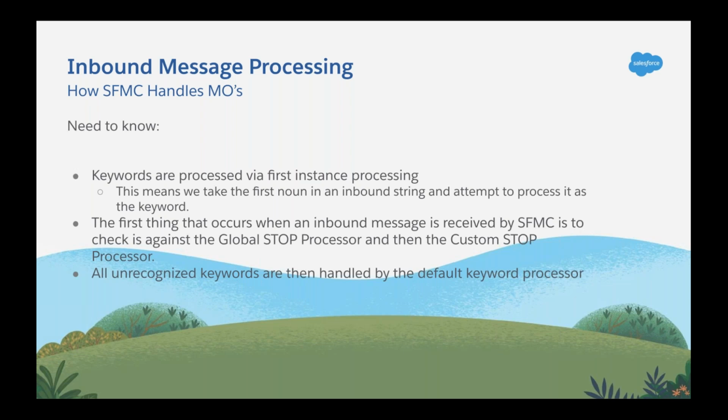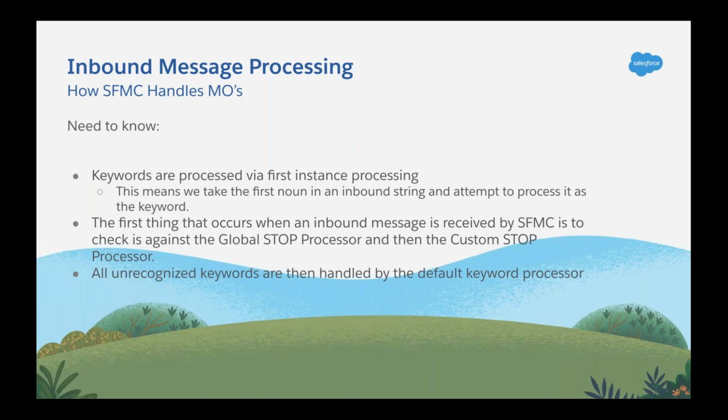This means that in the instance someone's actually trying to unsubscribe, if they text in "please stop messaging me," we will see, or the system will see, "please" as the keyword that they're actually trying to interact with, and they will get kicked the default response from the default responder. So it's super important to know that you're clear in your messaging to end users on what to actually respond with in order to continue down your message chain, specifically in two-way use cases.